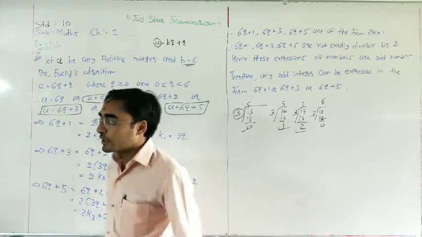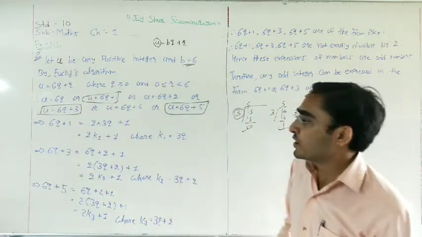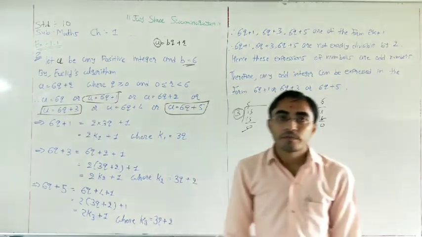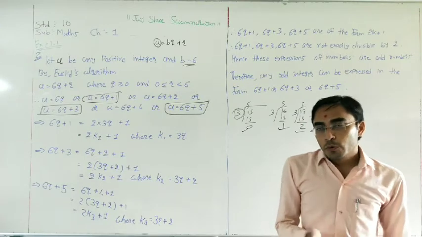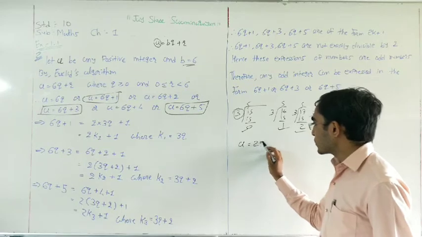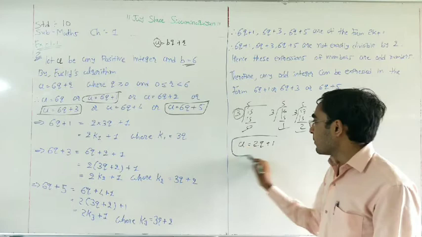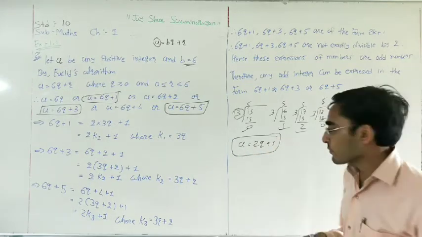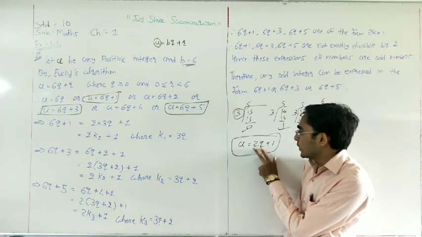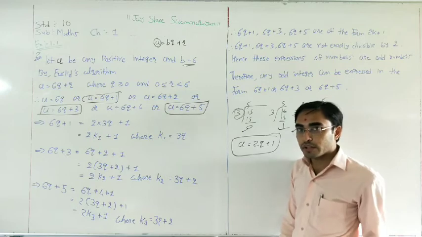Now how can we prove that odd integers are in the form of 6q plus 1, 6q plus 3, 6q plus 5? If you know one thing: the standard form of an odd integer is 2q plus 1. Why?